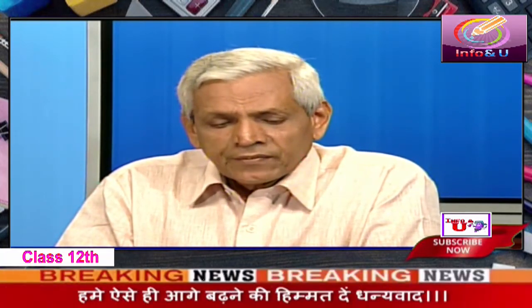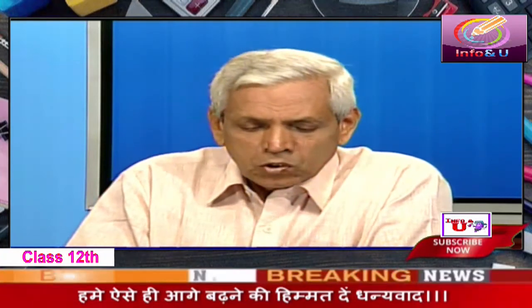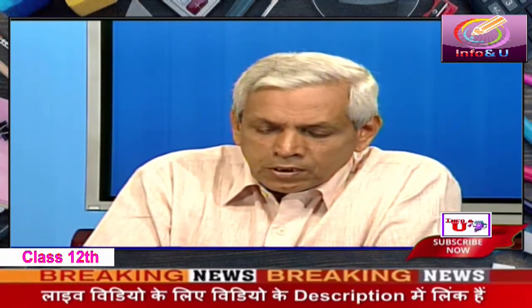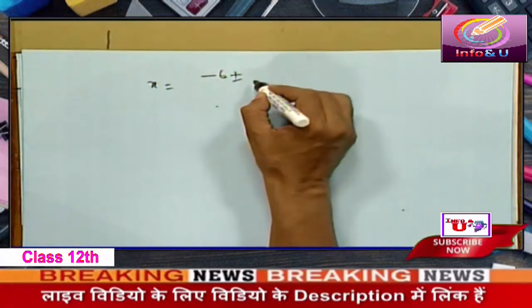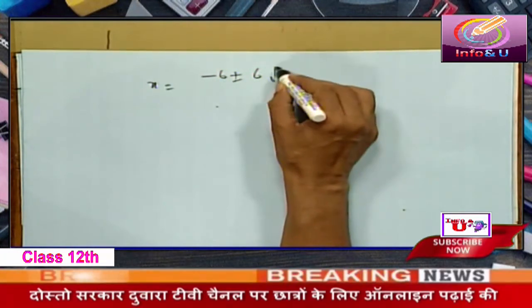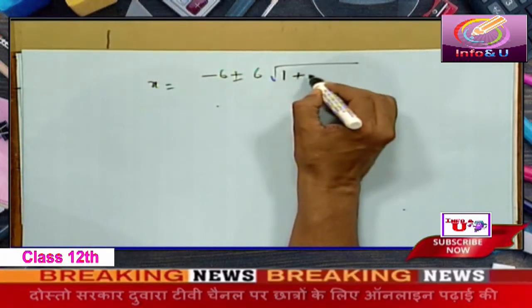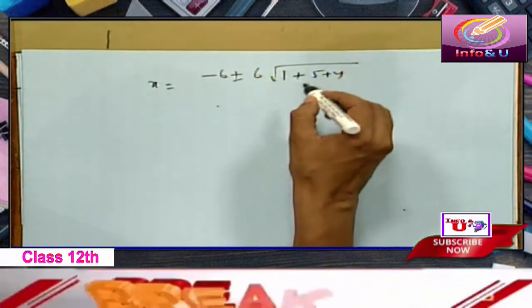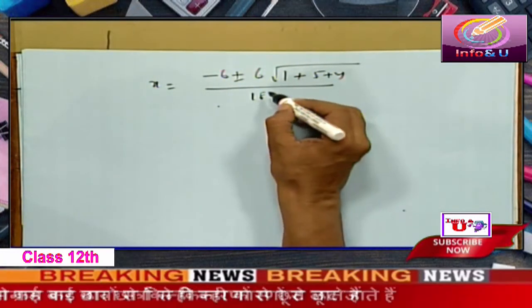Now x cannot be negative. That's why between the two signs plus or minus we insist on the plus sign, because if you take the minus sign the whole thing becomes negative. So we get x equal to minus 6 plus 6 times root of 1 plus 5 plus y, upon 18.